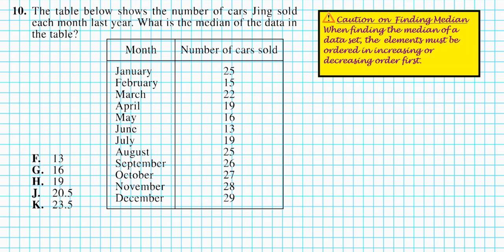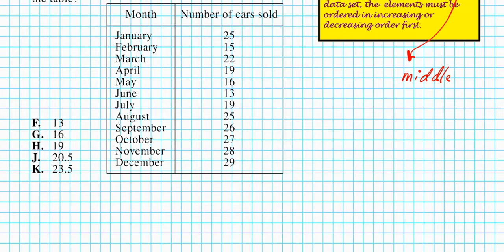And don't forget, median just basically means the middle term. What's in the middle? If you're counting and you end up with one number in the middle, that's excellent. That's the median. But if you have two numbers in the middle, you just simply find the average of those two numbers, okay? All right, let's go ahead and solve this problem.